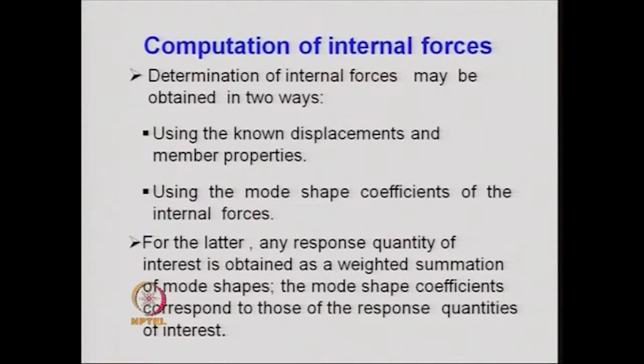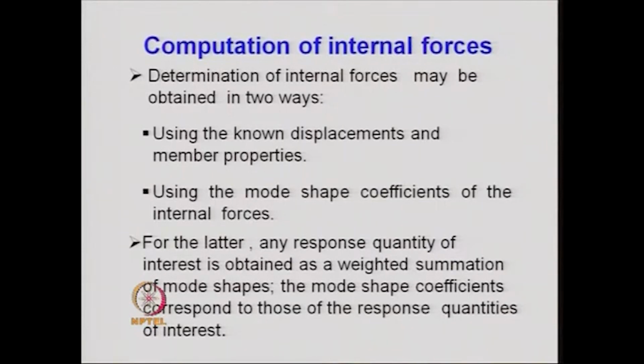One can obtain these internal forces by two approaches. The first approach is that once we know the displacements at every degree of freedom of this structure, and since we know the member properties, or in other words the stiffness matrix for individual members, then from that one can obtain the bending moment and shear forces.